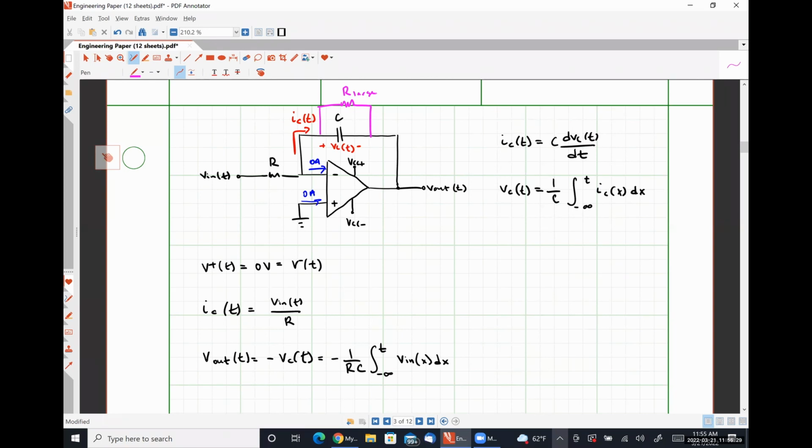Once you learn Laplace transform, we can actually analyze this circuit with this resistor in and see that it gives us this exact relationship as long as we choose R to be large enough.